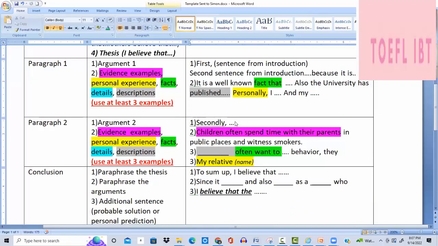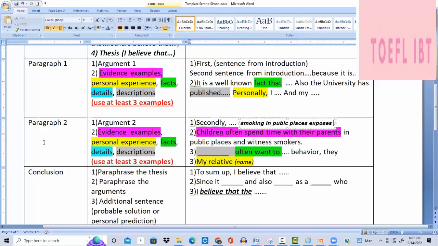Secondly, let's see, how would I get this up here? Secondly, smoking in public places exposes, you're looking for examples of evidence, personal experience, facts, details, and descriptions.